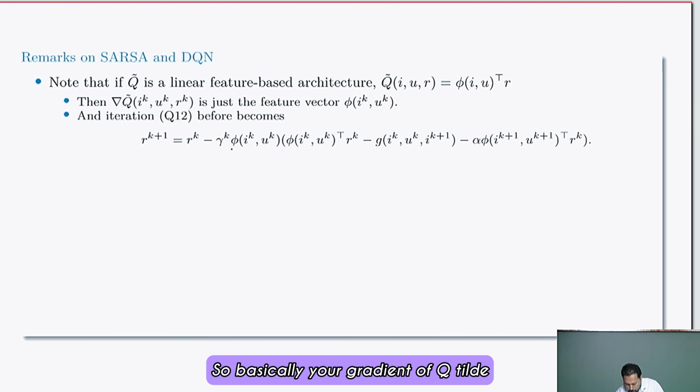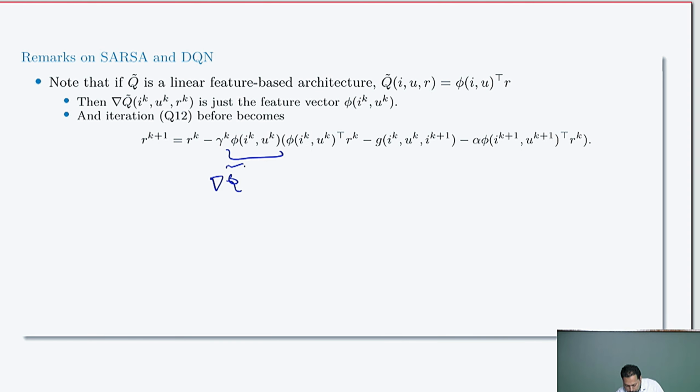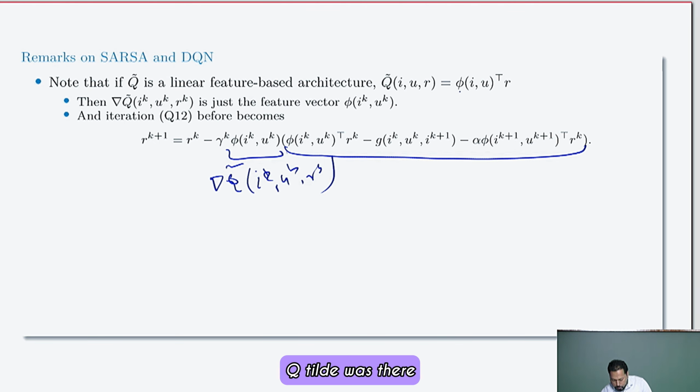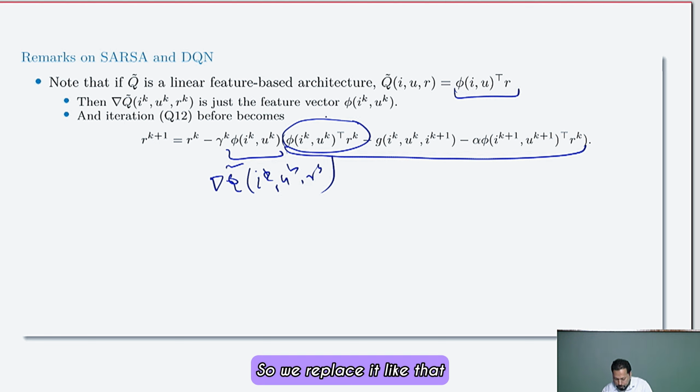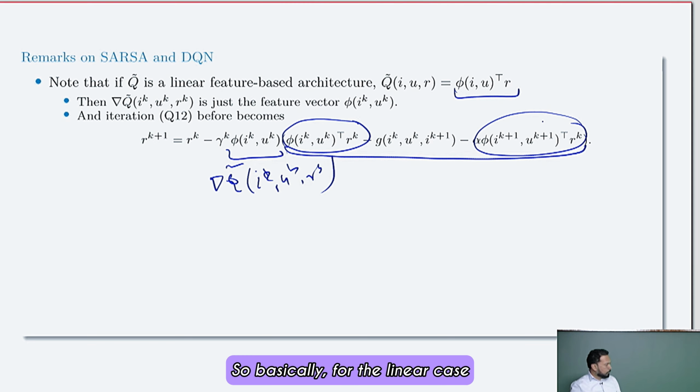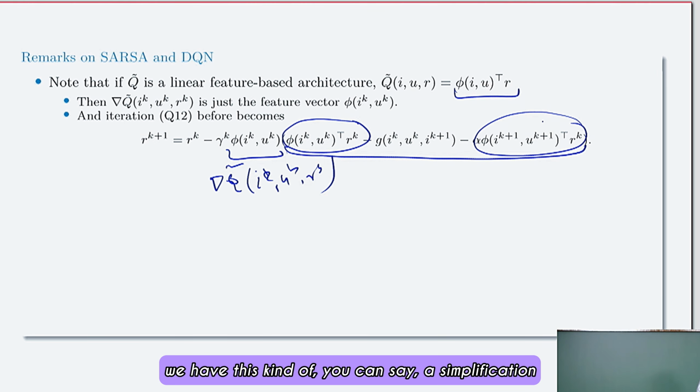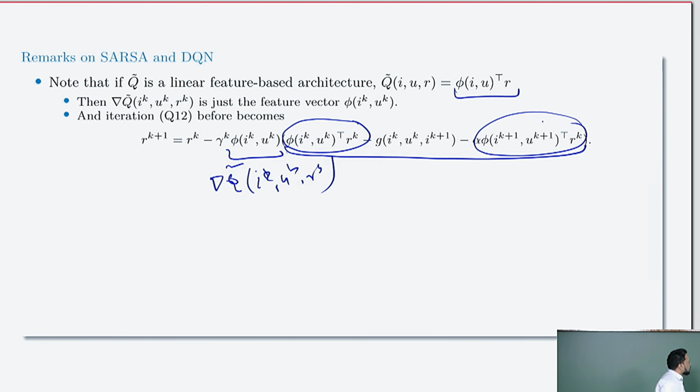Your gradient of Q tilde that was here previously, UK RK, is just this guy, and wherever Q tilde was there in the remaining terms, you replace it like this. Since it is of the linear form, we replace it like that. So for the linear case, we have this kind of simplification.